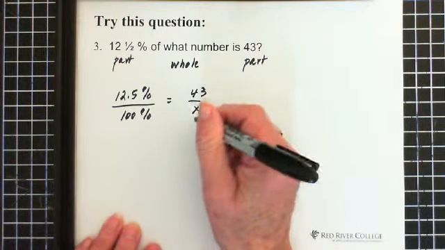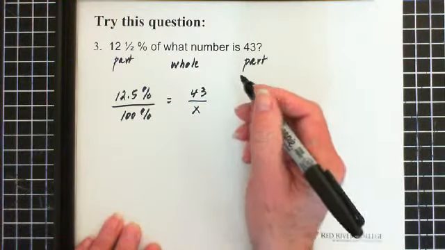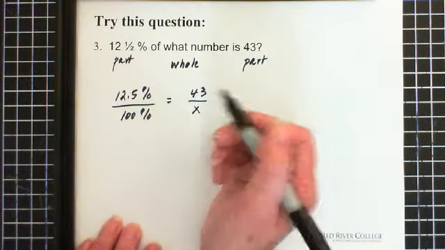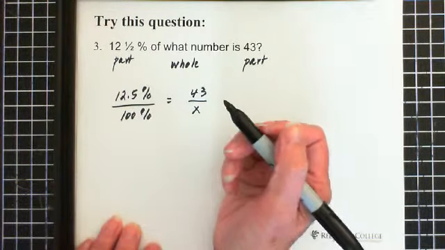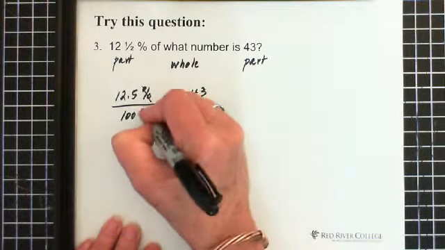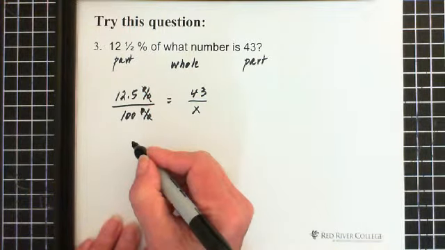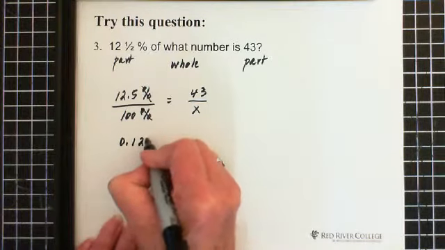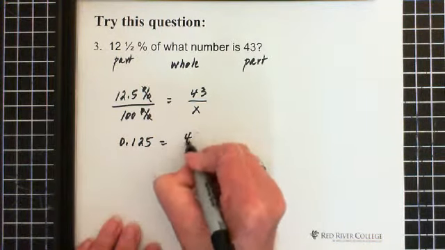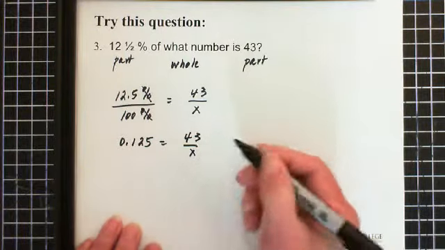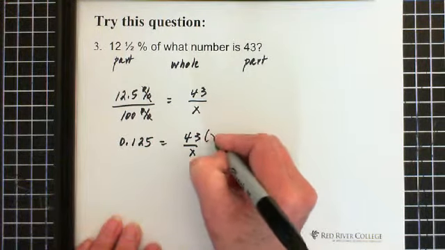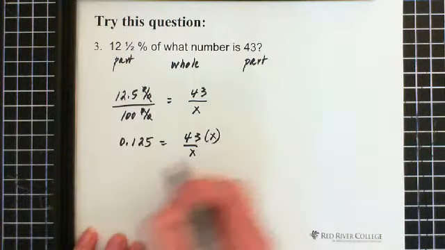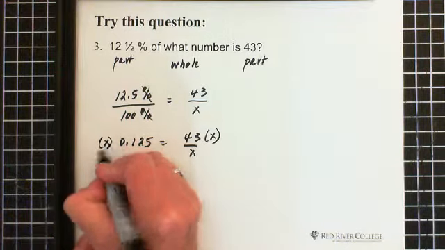Now we have x on the denominator, but again, what I would like to do is deal with this piece. So let's just get rid of our percents here. I'm going to divide by 100, so I have 0.125 equals 43 over x. I'm going to multiply on this side by x, and that's to get x out of the denominator. If I multiply on this side by x, I have to multiply on this side by x.